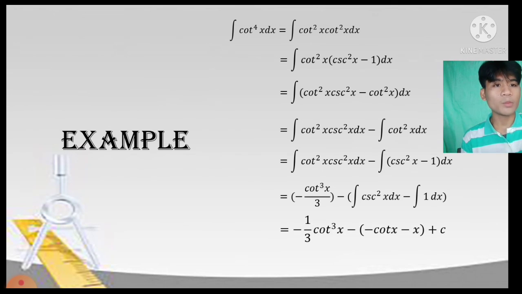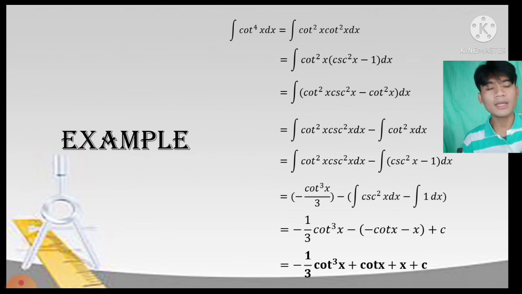And then we come up with negative 1/3 cotangent cubed x minus quantity of negative cotangent x minus x plus c. Cotangent x is the integral of cosecant squared x. So we come up with this as our final answer, which is negative 1/3 cotangent cubed x plus cotangent x plus x plus c as the integral of the fourth trigonometric function as our given example.